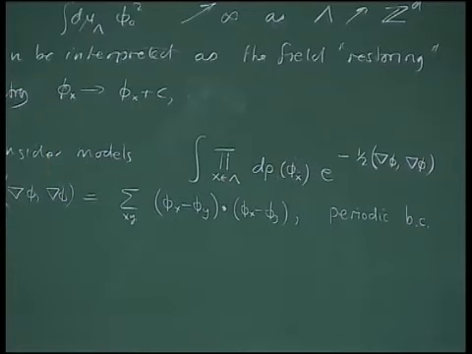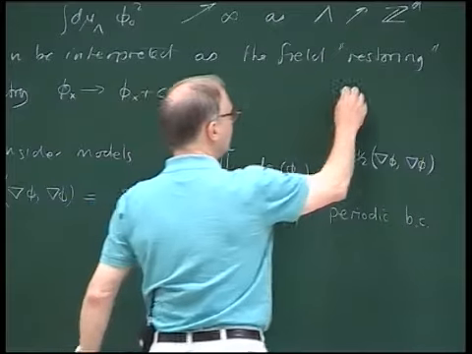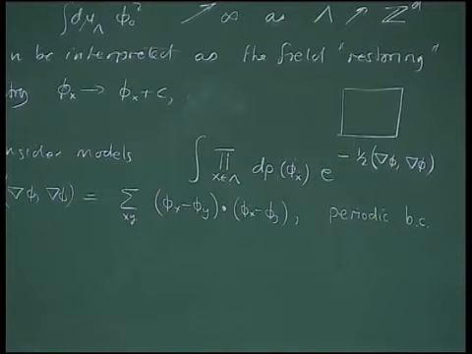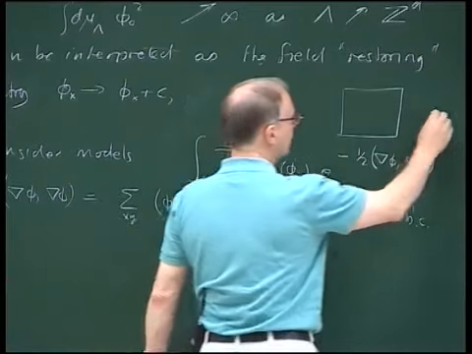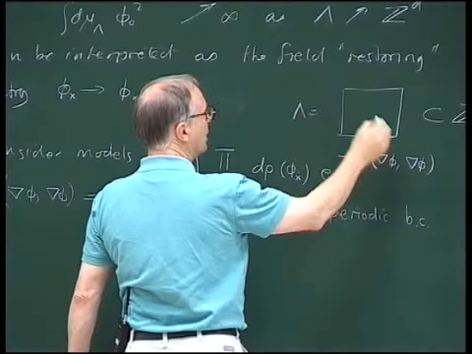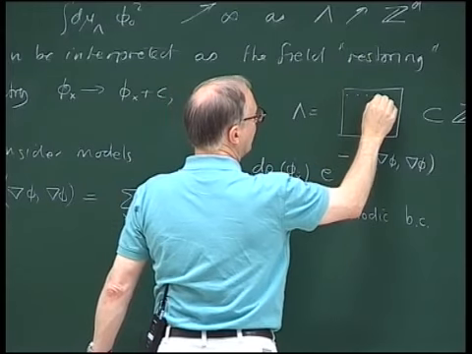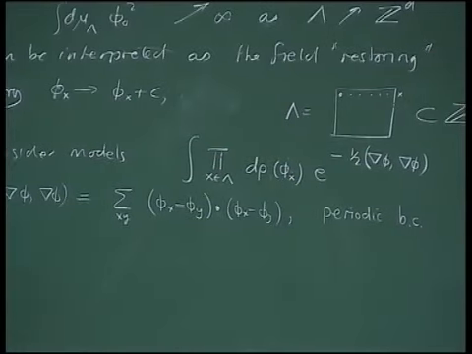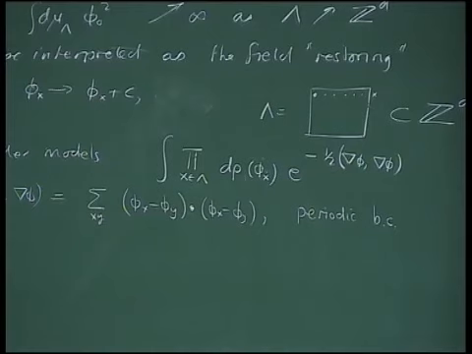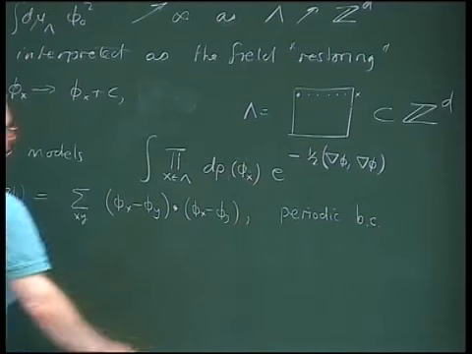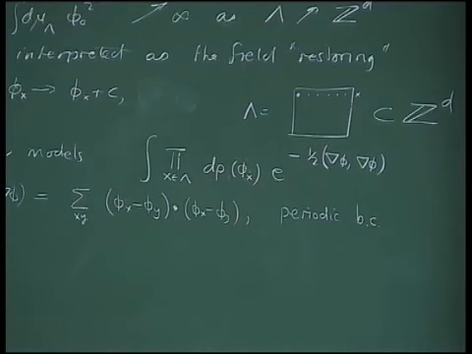So we're thinking of the cases where Lambdas are rectangular regions of the lattice Z^d, and you identify that point there with that one there, and so on. Now, this rho is then going to be a measure on a vector value.